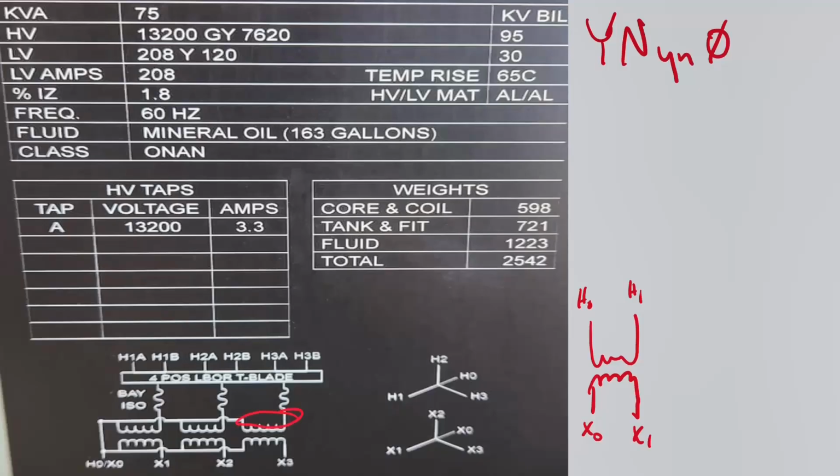So you can see 1, 2, 3, 4, 5, 6. If you multiply the number of phases times the number of windings, that will equal the number of coils, okay?